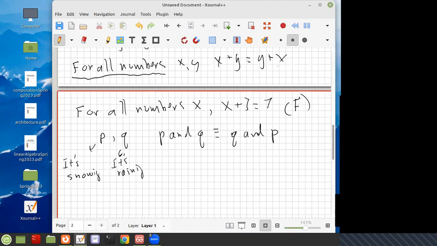This one says it's raining and it's snowing. Well, those two are two different claims, but they're logically equivalent, meaning they're either both true at the same time or both false. If one's true, the other one's true.